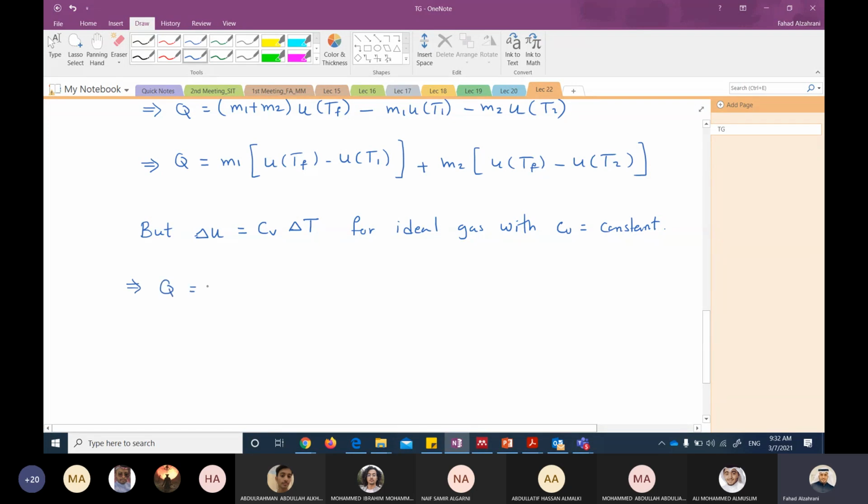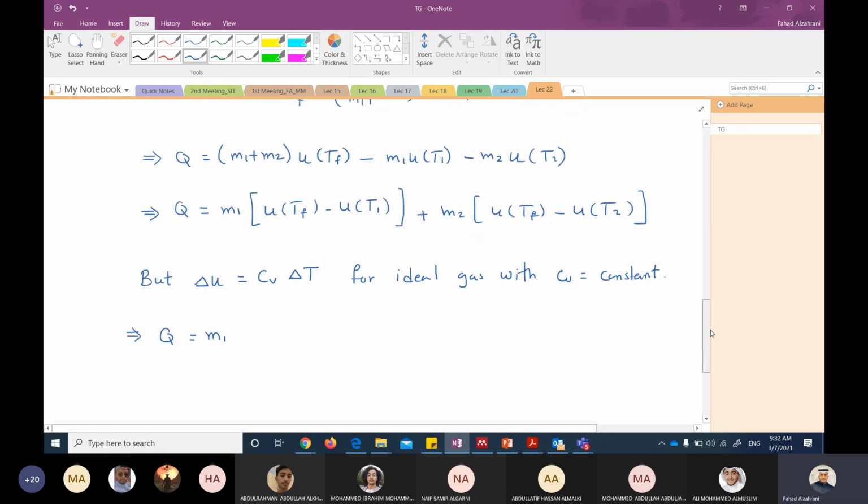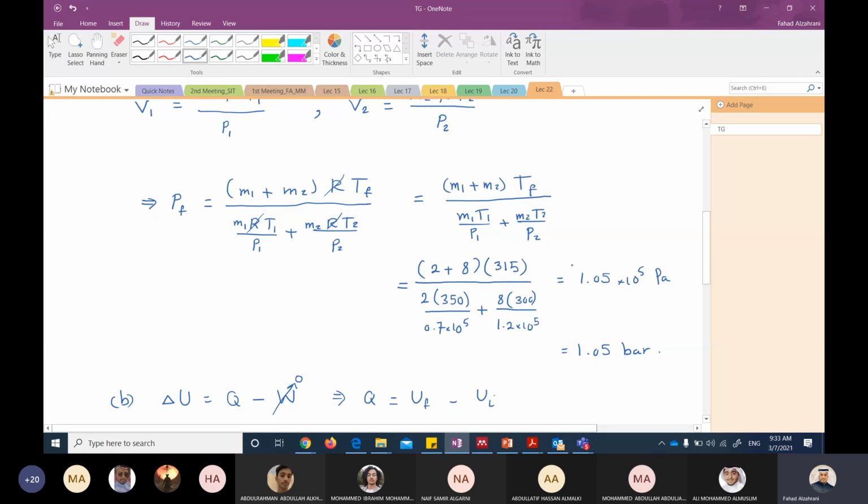So basically I can rewrite this as M1 times, now I will use an average CV between T1 and T2. Why? Because I know that T1 is 350 and T2 is 300, and T final is in between, so I will find an average between 300 and 350.